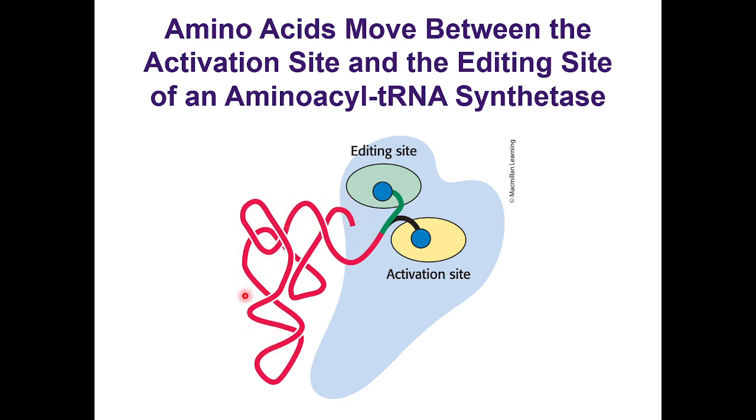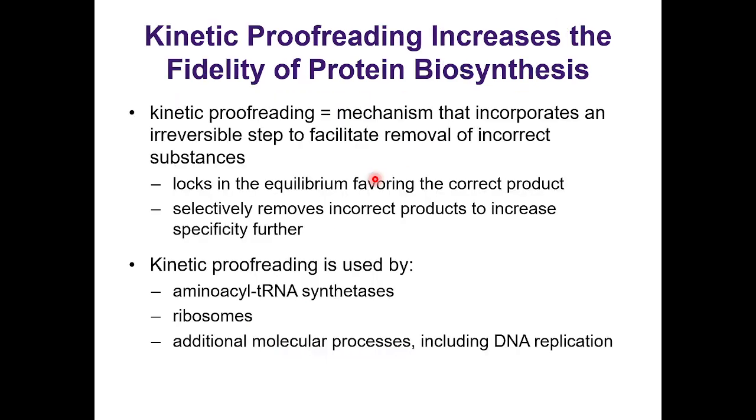The L structure? Yeah? Okay. And with the methyl group, it won't actually be able to enter the editing site, and so it'll just stay in the activation site until it releases. Over here, if we don't have the methyl group, it can swing up.